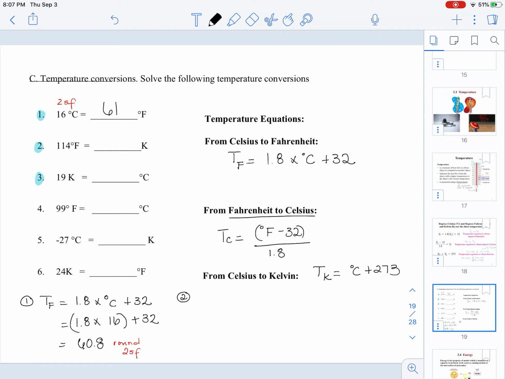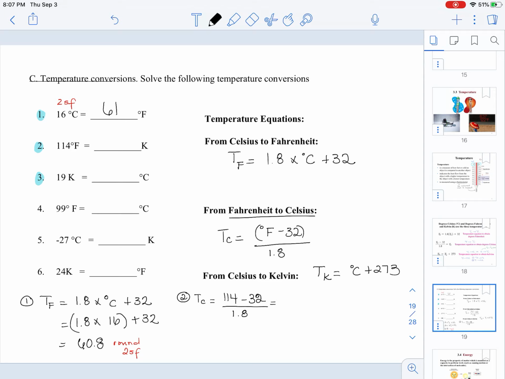So for problem number 2, at first, I'm going to say temperature in Celsius is 114 minus 32 divided by 1.8, and I'm going to get that result. So I do 114 minus 32 divided by 1.8.